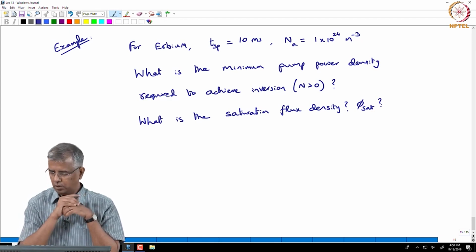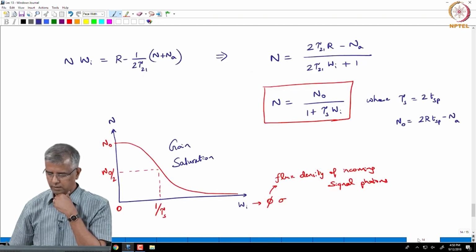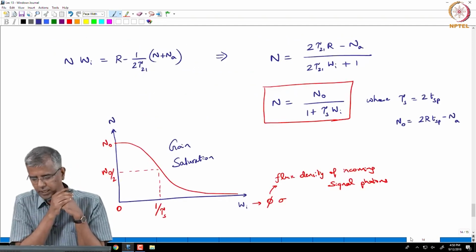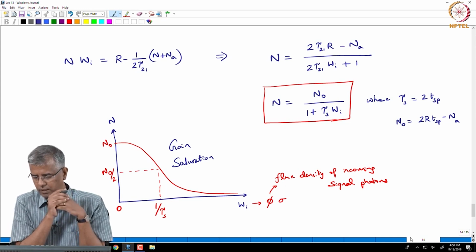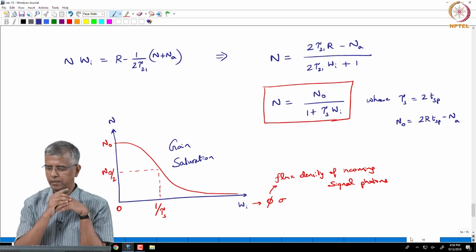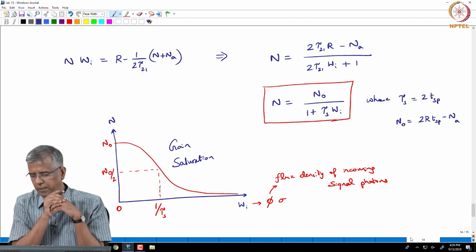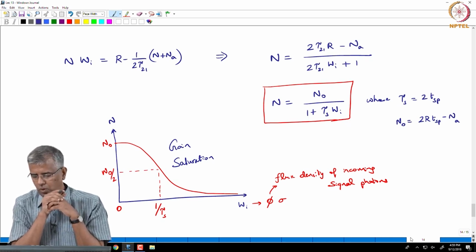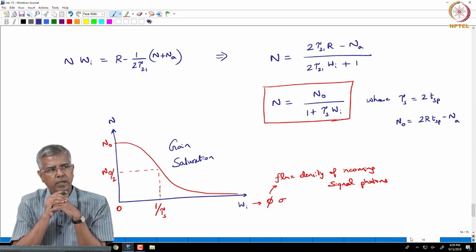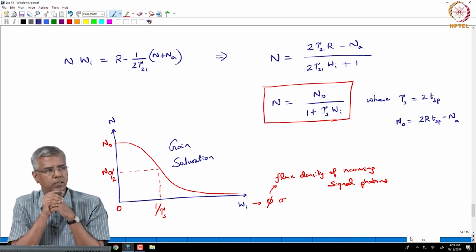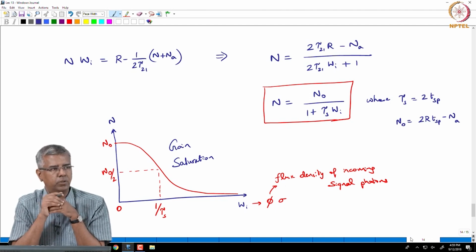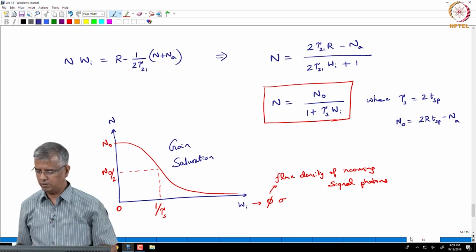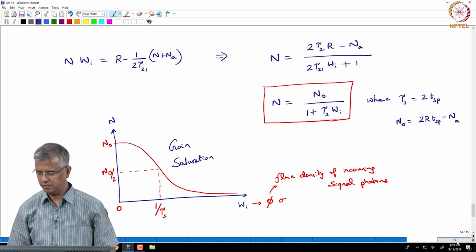What we know is that your inversion is given by n naught over 1 plus tau s Wi, where n naught is given by 2 times R TSP minus Na. The minimum pump power that you need to achieve inversion, that is n naught greater than or equal to 0. To achieve that, what condition do you have to satisfy?